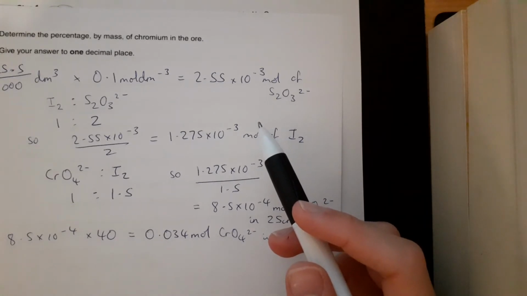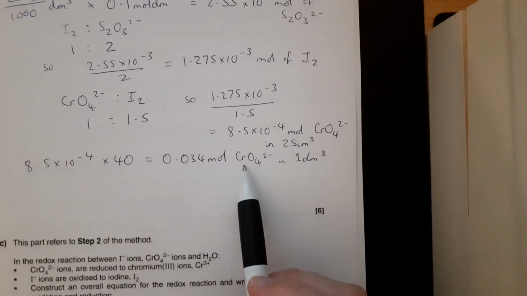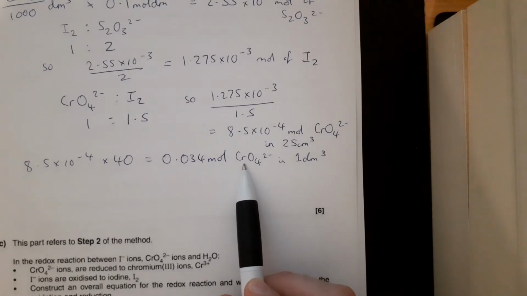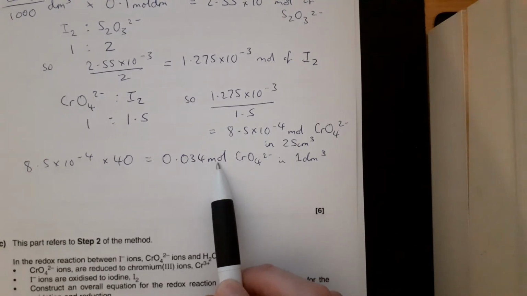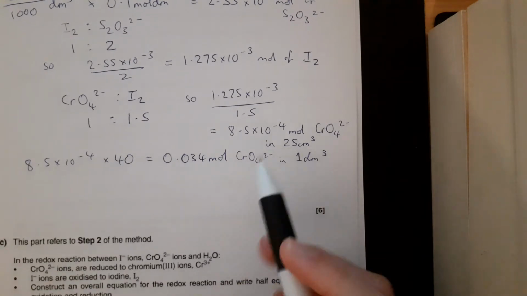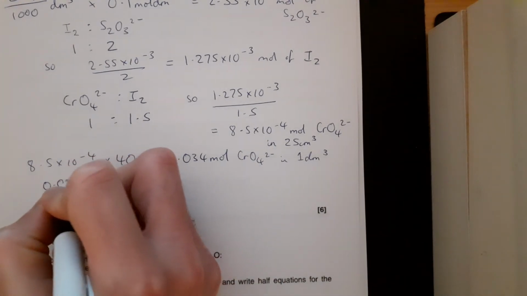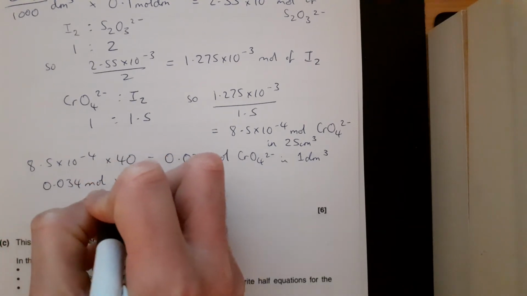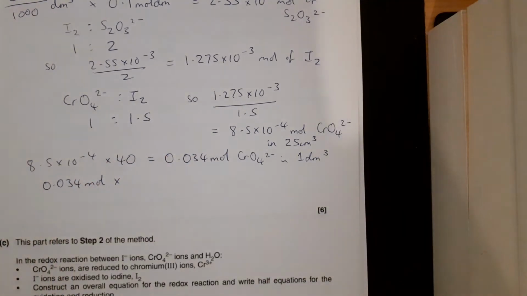Okay. So if this here is the number of moles of CrO4 2 minus, that's also going to be the number of moles of chromium, because there's just one chromium atom in every ion. So we can just multiply this by the relative atomic mass of chromium. So we're going to say 0.034 moles times, where's chromium?